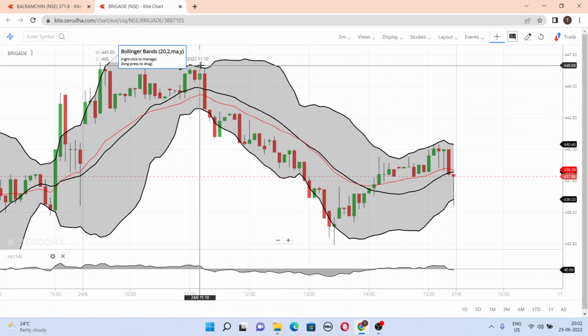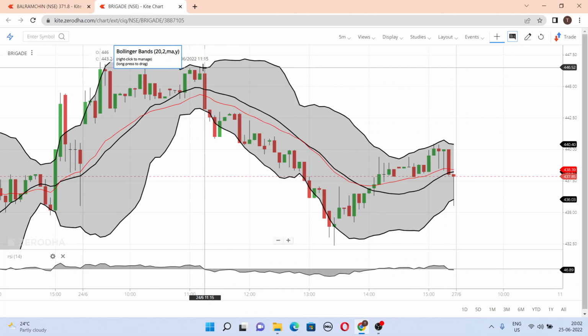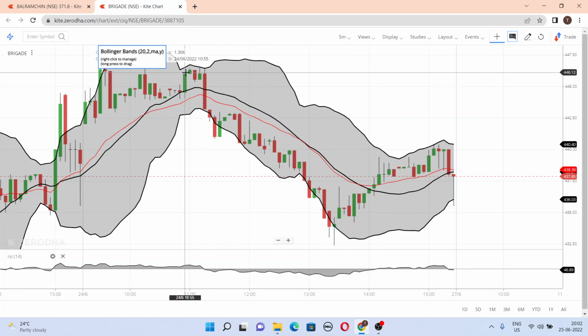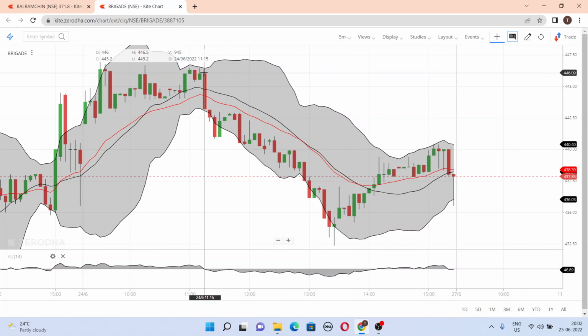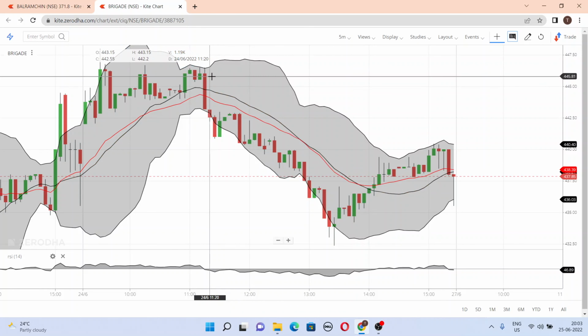For example, here if you see, the Bollinger Band is almost, let's say, 0.75%, right? Generally I would prefer something between 0.5 and 0.75%. And in terms of consolidation, while I said that at least five candles have to be in the range, that has been met here. But if it's even more prolonged, I think that makes it a very good trade.